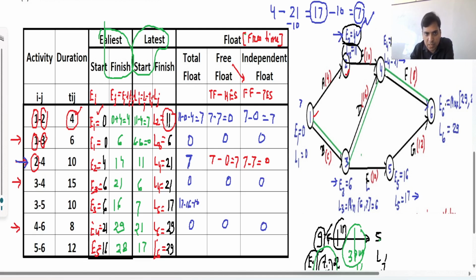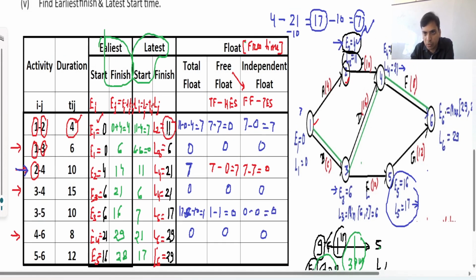So 17 minus 6 minus 10 equals 1. And the head event slack for this 3 to 5 activity is 17 minus 16, that is 1. So total float is 1, head event slack is 1, so free float equals 0. Now independent float is free float minus tail event slack, 6 minus 6 equals 0, so this is 0.